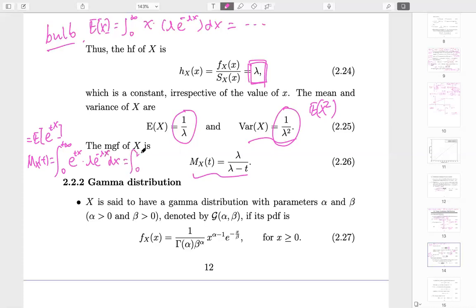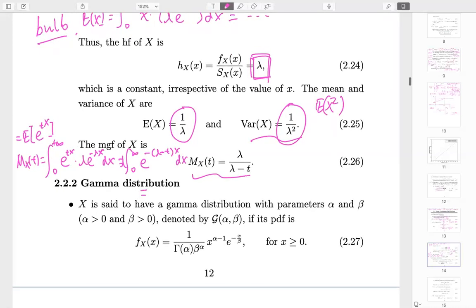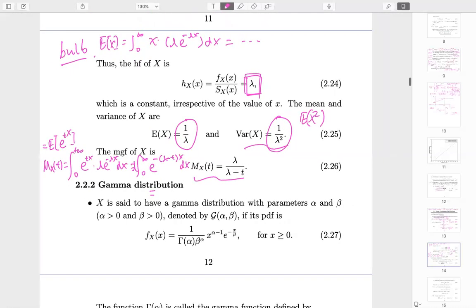You can take lambda out if you want. So the integrand is e to the negative (lambda minus t) x, dx. Obviously t has to be less than lambda, otherwise when you integrate, you get infinity. If we do the antiderivative, this is exactly the result. Of course, you can write it out if you want.